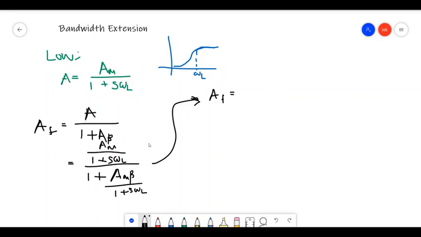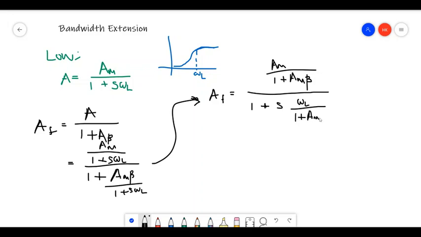If we simplify this, what we get is AM divided by 1 plus AM beta. Again, you can see that the mid-band gain is reduced by this factor, divided by 1 plus S times omega L divided by 1 plus AM beta.